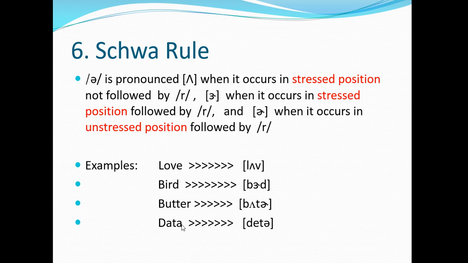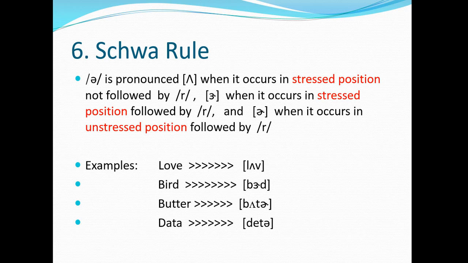You need to be very clear in this rule when you are going to transcribe words, sentences, okay? Very, very important, the schwa rule. We have four symbols for the same sound. And it also depends, as you can notice, on the environment in which the schwa sound is.